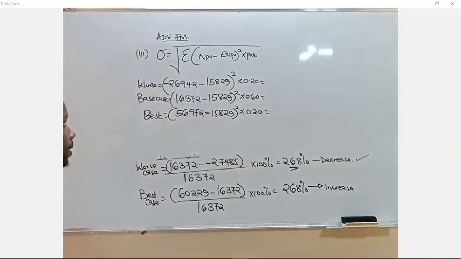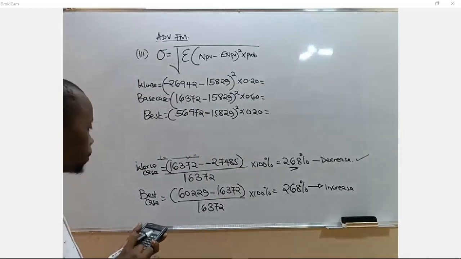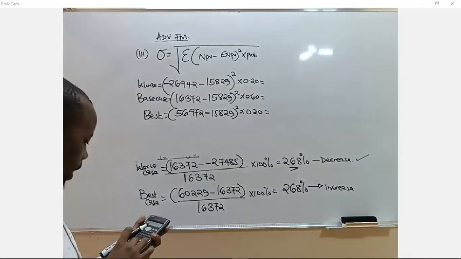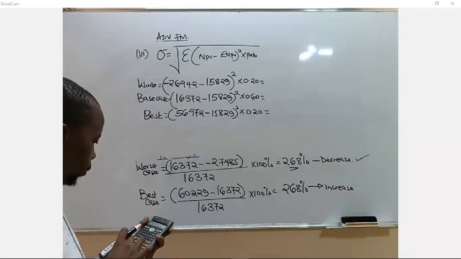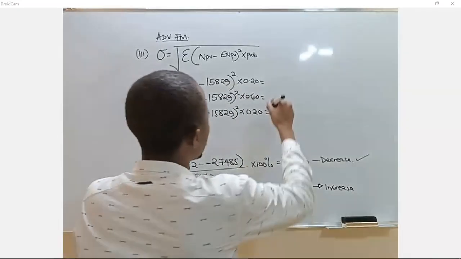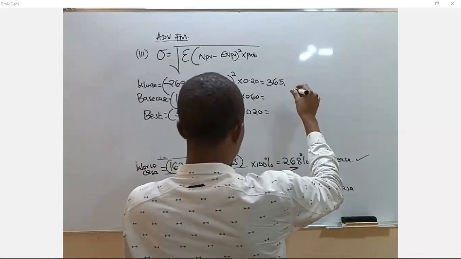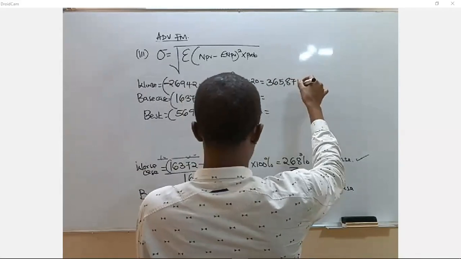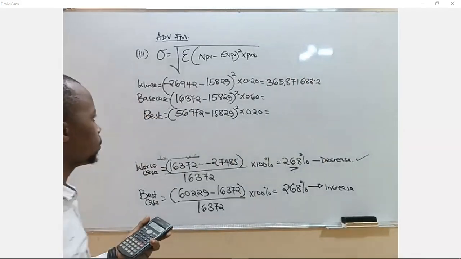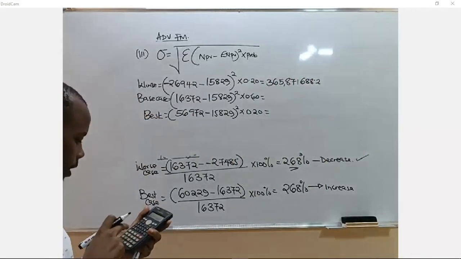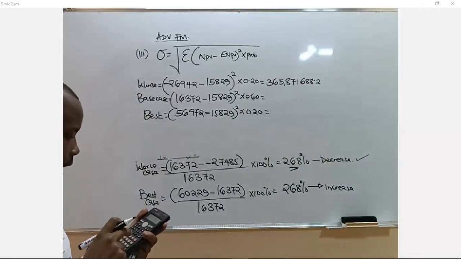So in this case, let me start with the first one, minus 26,942, right? Minus 15,829 squared. Then I multiply by 0.20, getting 365,871,688.2. The second one will be 16,372 minus 15,829, right, squared.